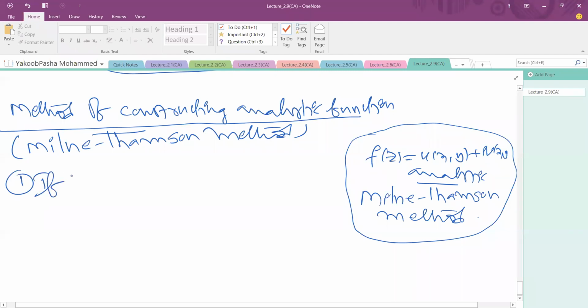If u of x comma y is given, that means the real part of f of z is given.